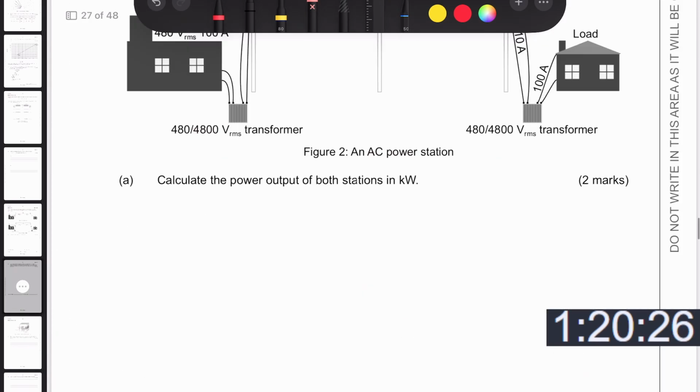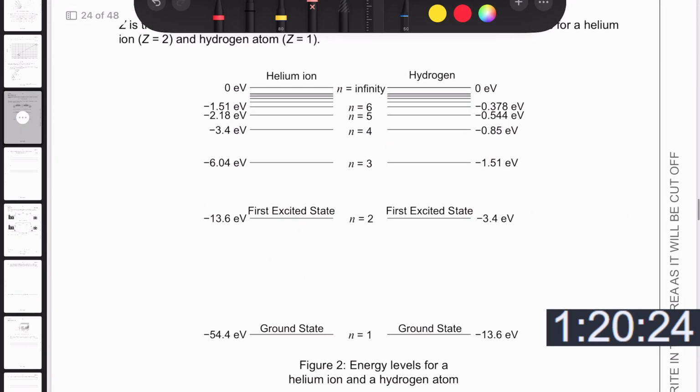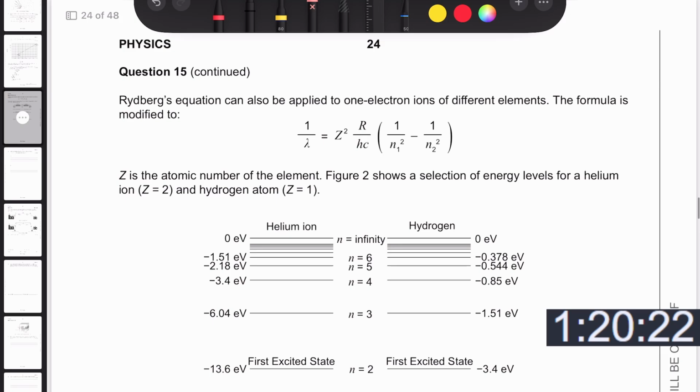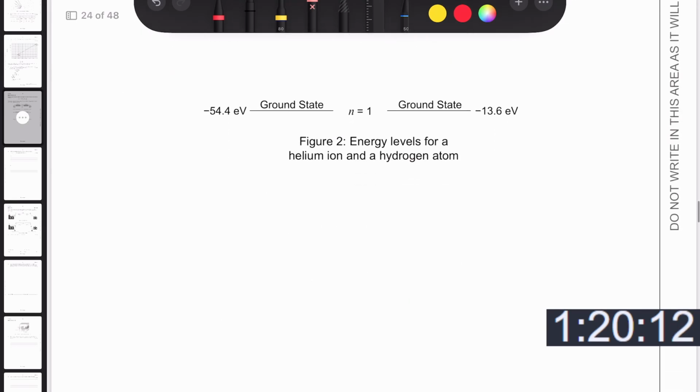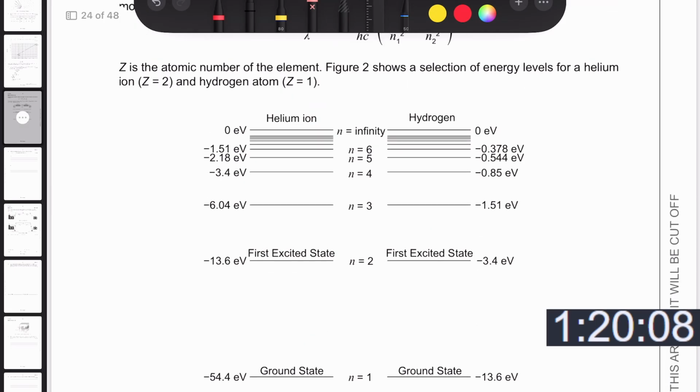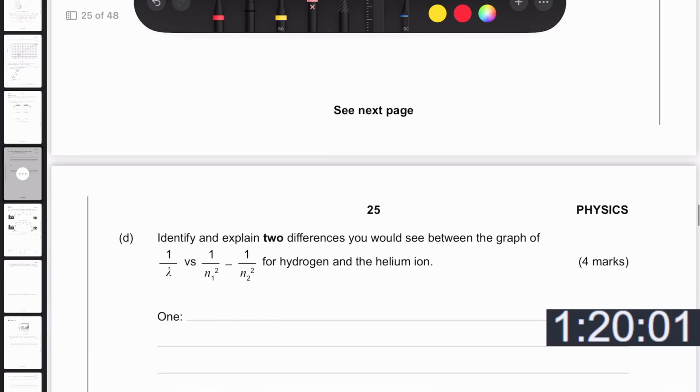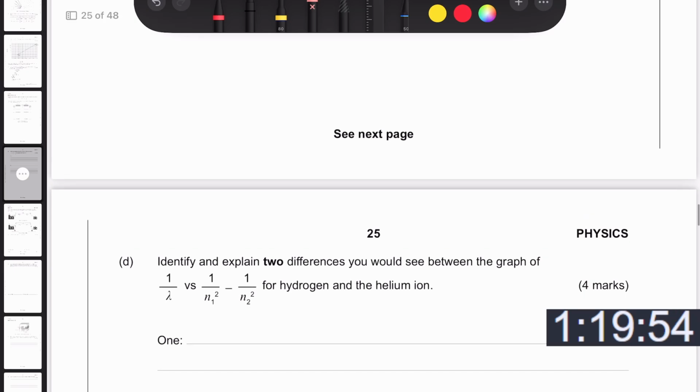I forgot how much there is still left. Okay, this equation can be applied to one-electron ions of different elements. The formula is modified to that. Identify and explain two differences you would see between the graph of that and that.